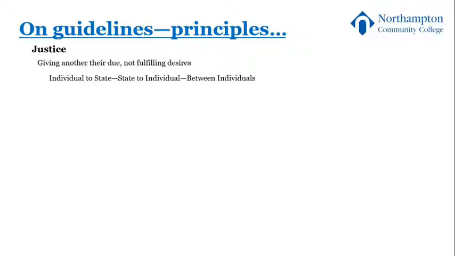The bottom line, this is commutative justice. This is like contractual things between us as individuals. The reality is that there are competing claims. Individuals need things, the state needs something from them, and then the individuals need things from the state, and then the individuals need things between themselves.